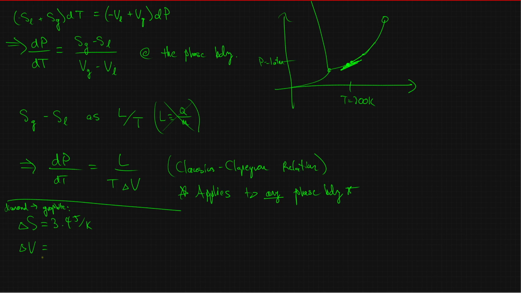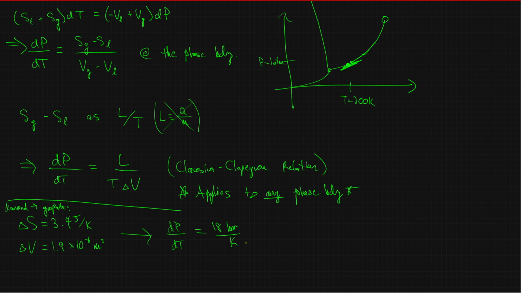These are just the quantities that you can get from the back. So this would be 1.9 times 10 to the minus 6 meters cubed. If we take those two and put them into the relationship that we had up here, we get that dP over dT for the graphite diamond boundary is 18 bar per Kelvin at room temperature.